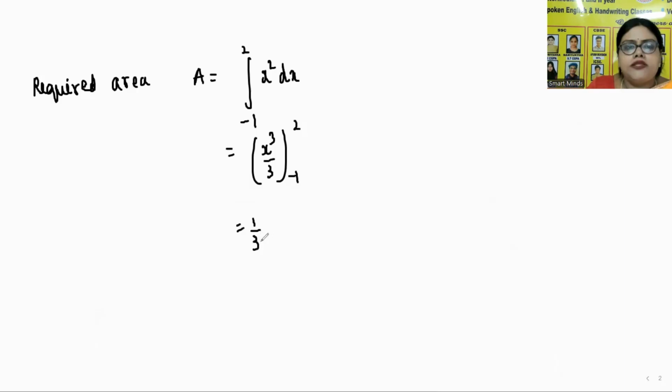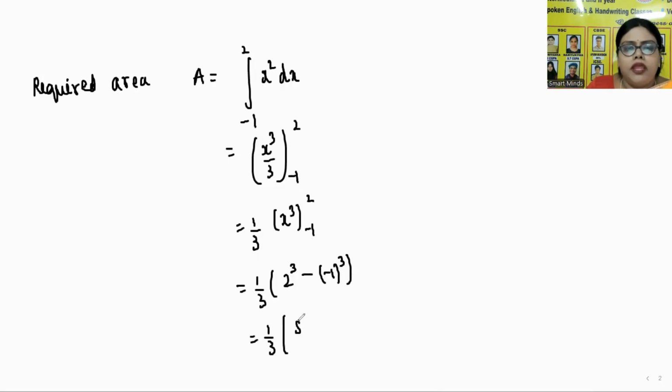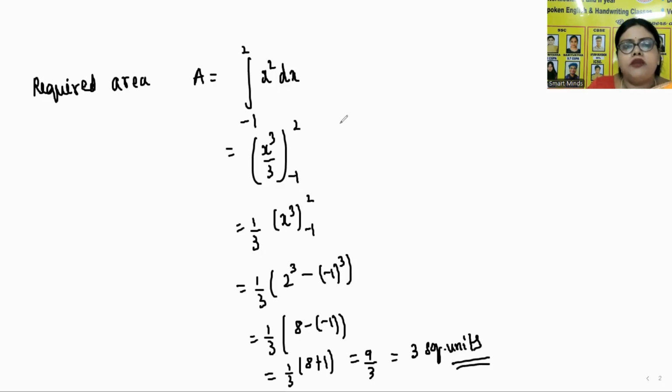Now 1 by 3 is a constant. 1 by 3 into 2 cube minus -1 whole cube. That is 1 by 3 into 8 minus of -1, that is 1 by 3 into 8 plus 1, that is 9 by 3, which equals 3 square units, because it is area. Area is always measured in square units.